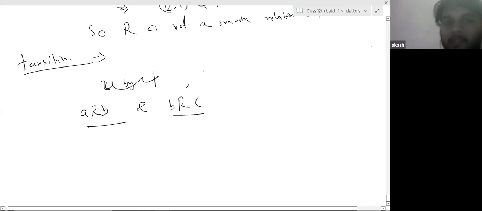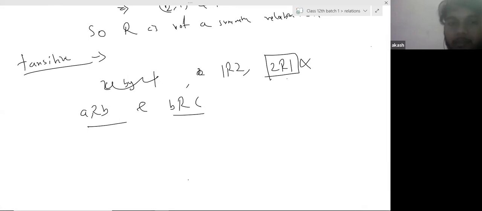Where you are giving the example, 2 is divisible by 1, so you are saying (1, 2) is there, and you are saying 1 is divisible by 2, that means (2, 1), but this is not there. So you cannot take this as an example. Am I clear?